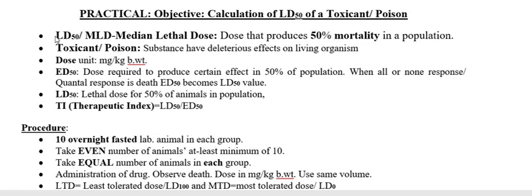Lethal means mortality, dose means the dose of the toxicant or poison, and 50 is 50%. So you can define it this way: the dose which produces 50% mortality in a population is called lethal dose or median lethal dose.